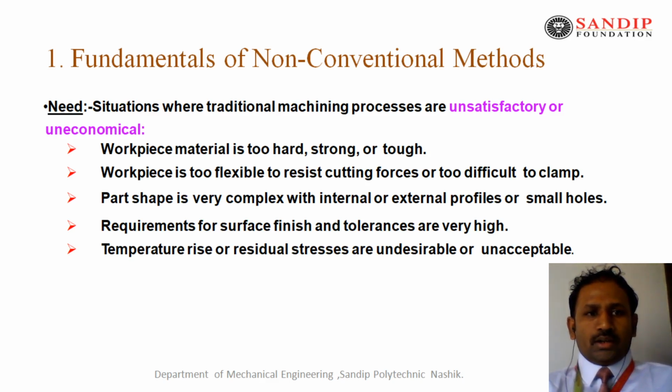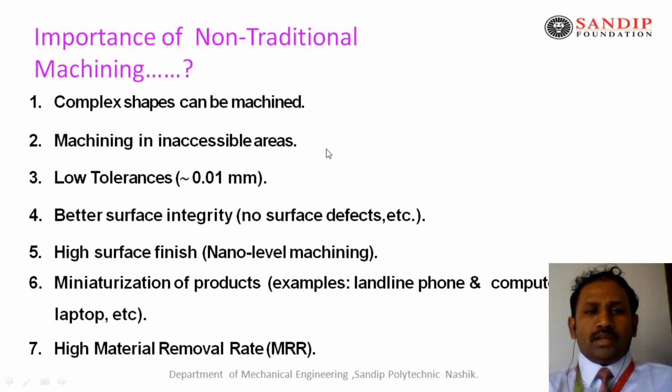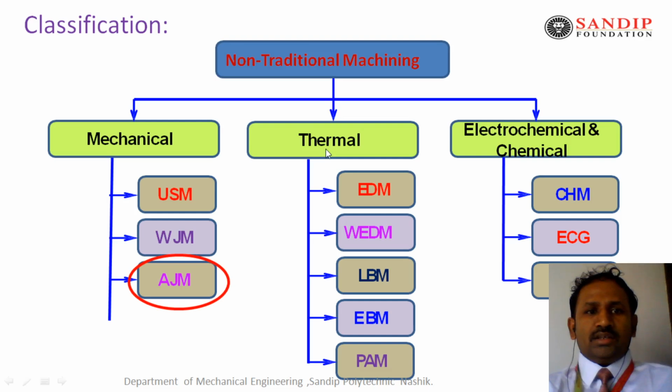Just to review, we covered the need of non-conventional methods, importance, classification, and then the difference between conventional and non-conventional methods. Now we are going to see the second subtopic, the processes. In the first chapter we have covered a total of 8 non-traditional machining processes.